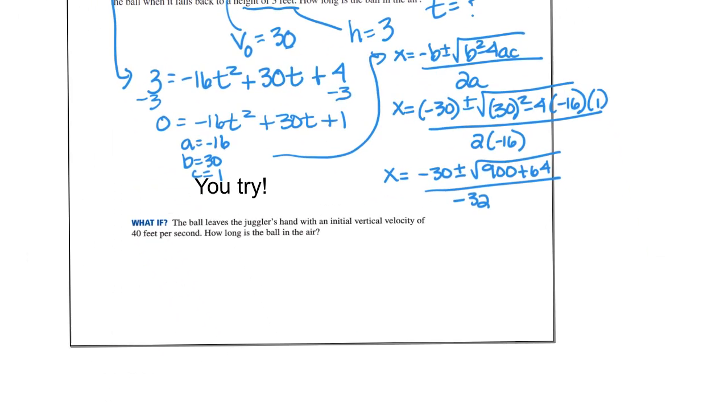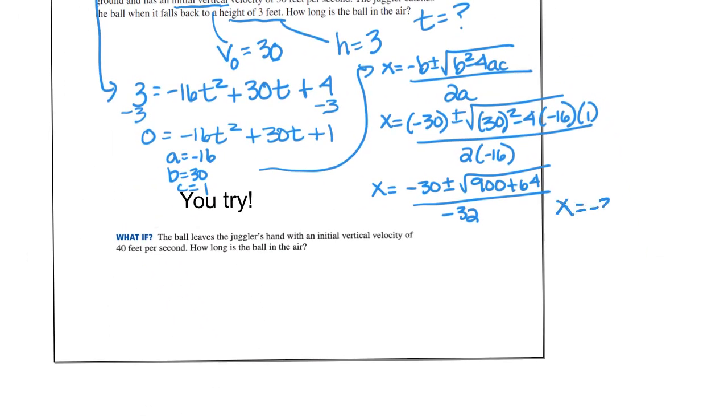So x equals negative 30 plus or minus the square root of, it's about 31.05 over negative 32. The square root of 964 is the 31.05. So I should not have drawn the square root sign. That's okay. So it's about 31.04.